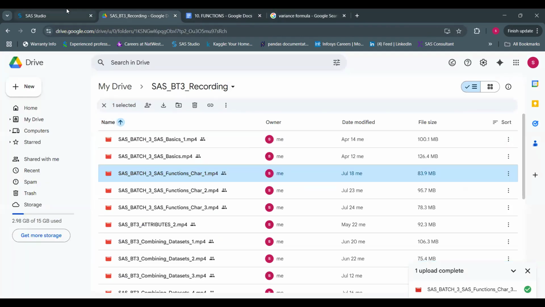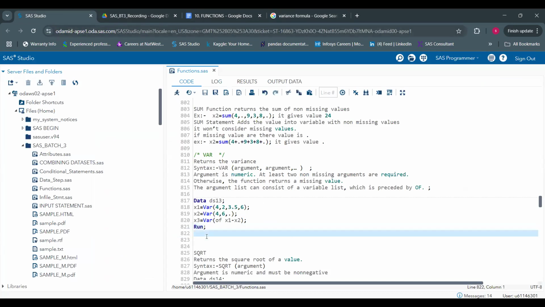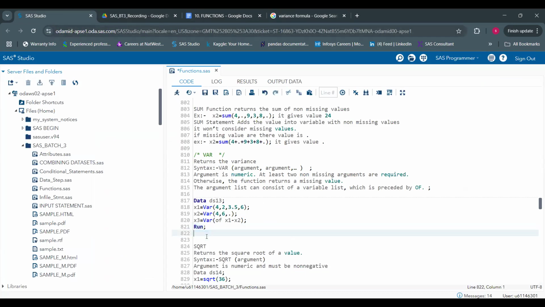Mostly it is used to see how the data is skewed, left skewed or right skewed, or entirely pointing towards the mean.